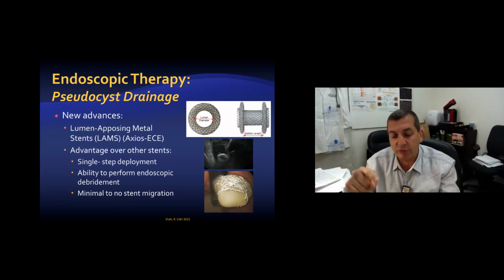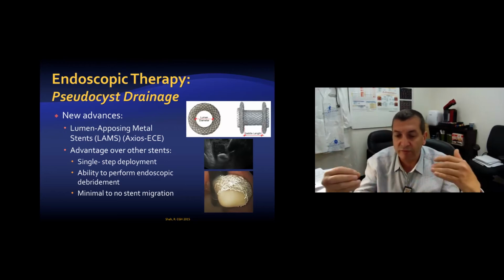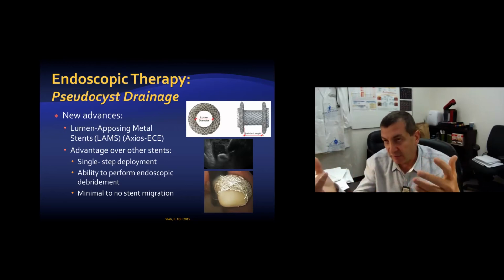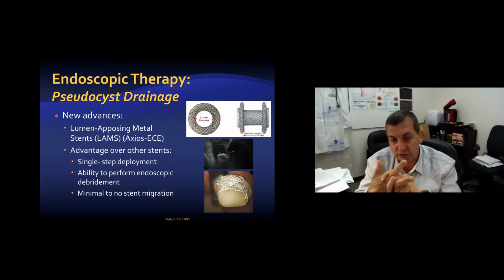And each time you have to cannulate next to the stent to make sure you are on the other side of the stomach into the pseudocyst to place 3 stents next to each other. So the procedure took very long, maybe 40 minutes to 1 hour procedure time.